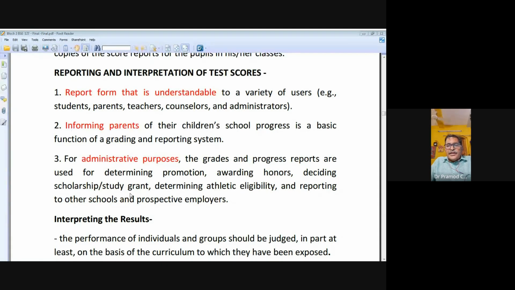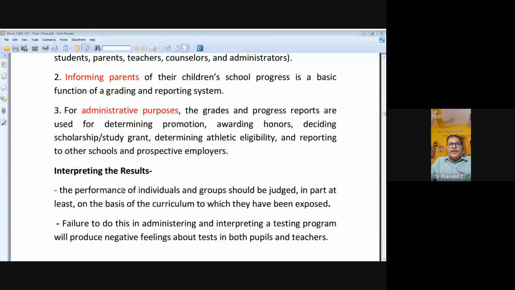For the administrative purpose, it is very essential, because the type of grades we are giving is also recorded in the progress report, and sometimes it is very essential for promotion, and it also helps the headmaster to provide awards or honor, and if any scholarships are there, then automatically it will be provided to them. So definitely for the improvement of the educational institution, for the administrative purpose, we must take into consideration all the matters.